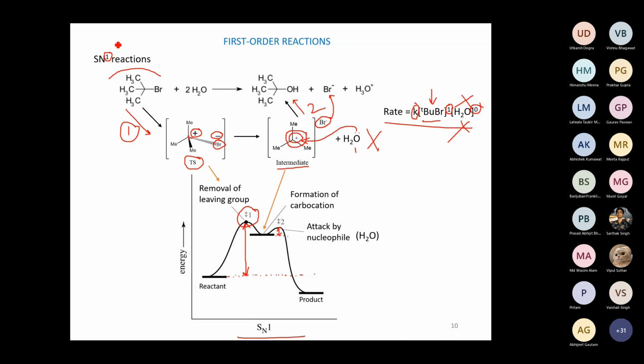Any questions? Sir, when the transition state converts to the intermediate, won't that also be considered another step? No. So the transition state is this. Have you seen my writing? This is the transition state where the carbon-bromine bond is being broken.